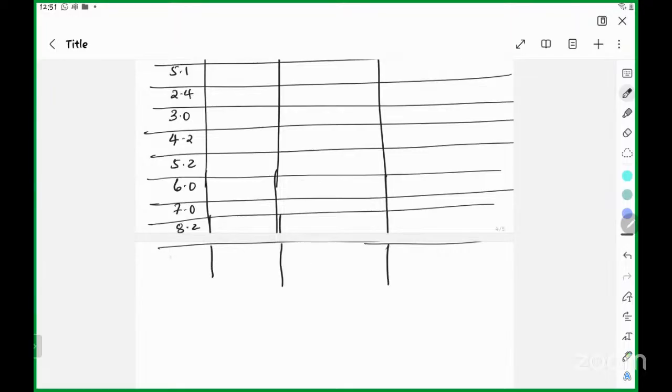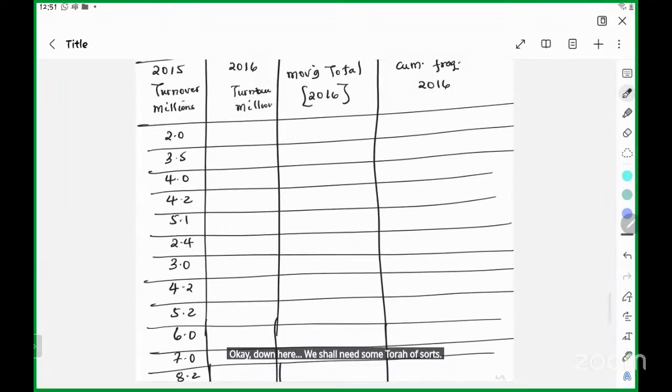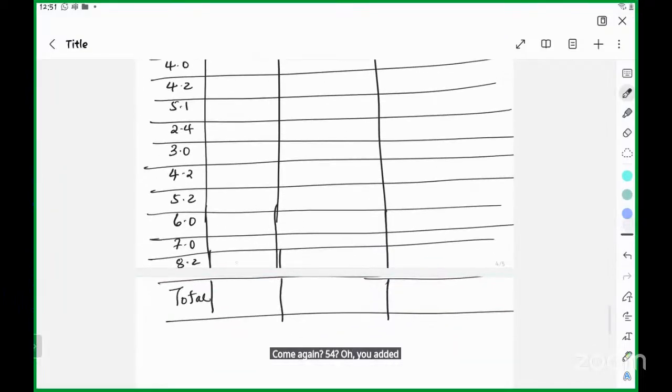Okay, down here, we shall need some total of sort. The total is 54.8.